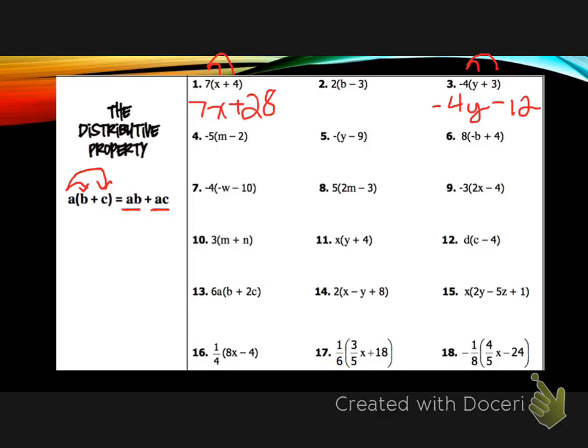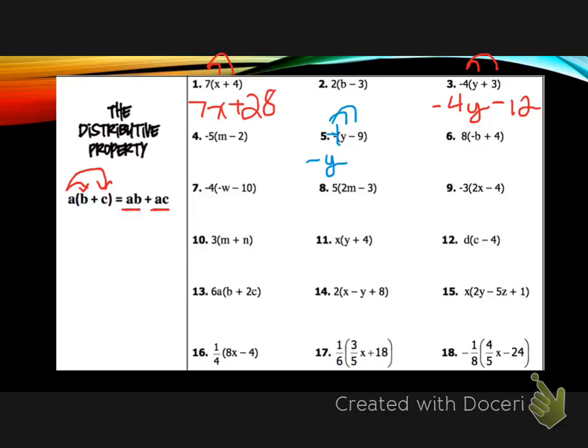Now sometimes they try to trip you up a little bit, and they'll just put a negative sign out front. If you remember what I told you in the last lesson, if you just have a negative, remember there's a 1 right there. So that's really negative 1 times the terms inside. So look at it as negative 1 times y, which is a negative y, and negative 1 times a negative 9.